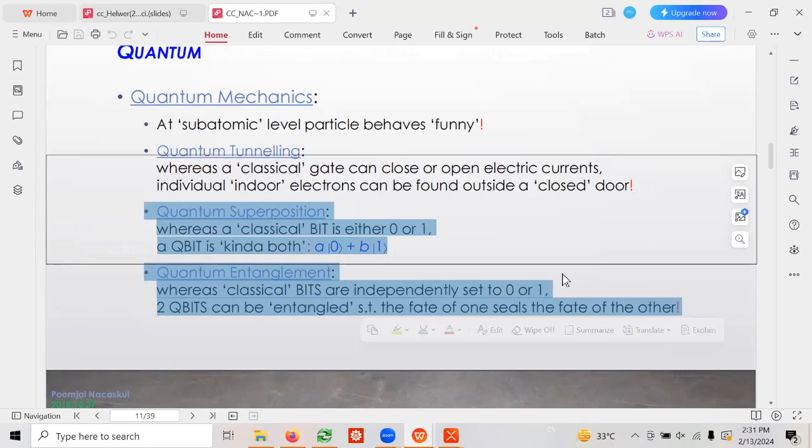One, quantum superposition. What it simply means is the probabilistic superposition of 1 and 0. So instead of saying that it's 1 or 0, it has a probability of being 1, and it has a probability of being 0. The word for it is that it's a superposition of 1 and 0. In other words, when I talk about this quantum coin that's spinning, it could be head, it could be tail, right?